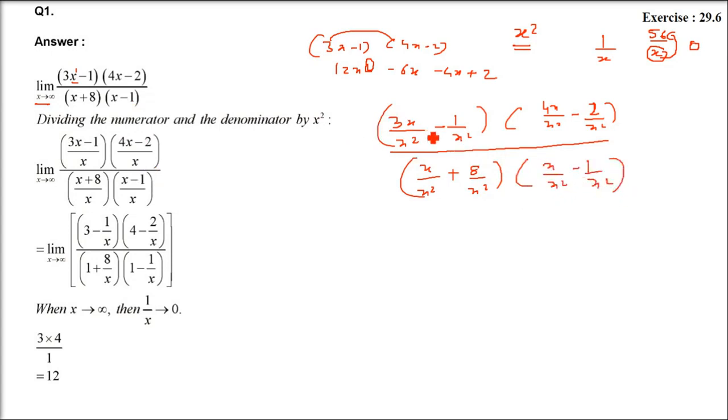Okay. So see here, this is x, this cancels, 3 by x, minus 1 by x square, then you have 4 by x minus 2 by x square. Okay.